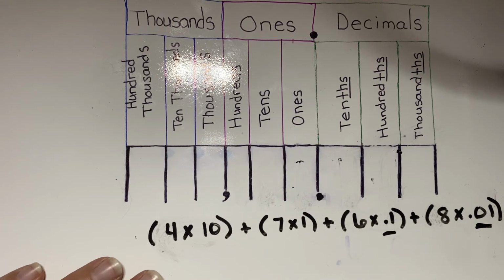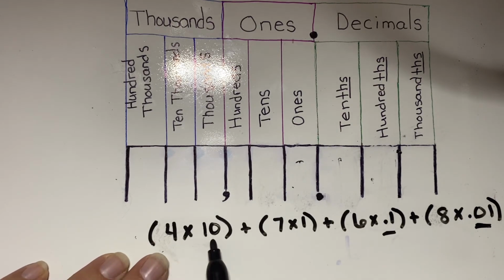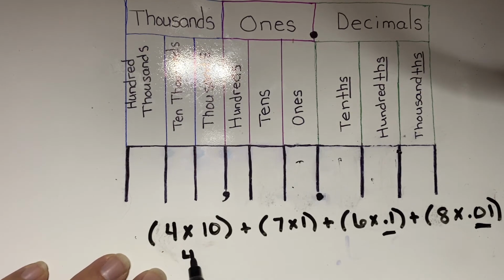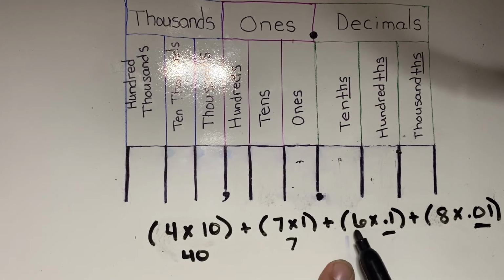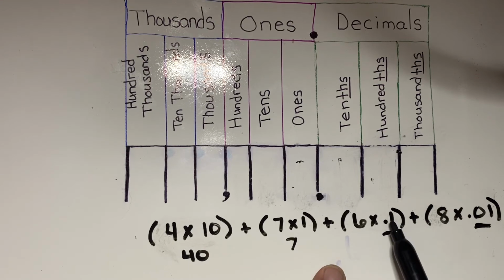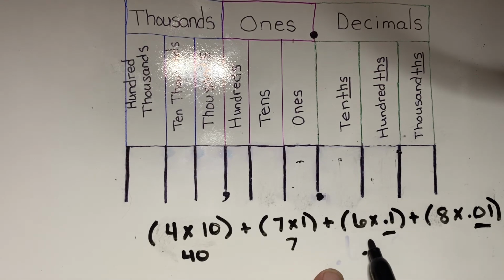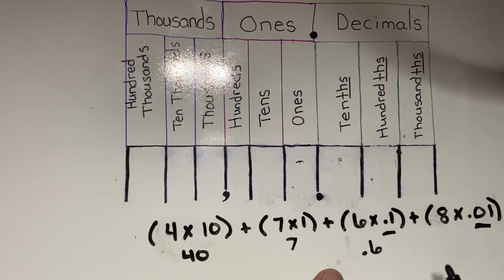So if I were to look at this, I can say, okay, 4 times 10. I have 4 tens. That means I have 40 right here. 7 times 1, that means I have 7. 6 times 1/10, that means I have 6 tenths. And 8 times 1/100th, that means I have 8 hundredths.